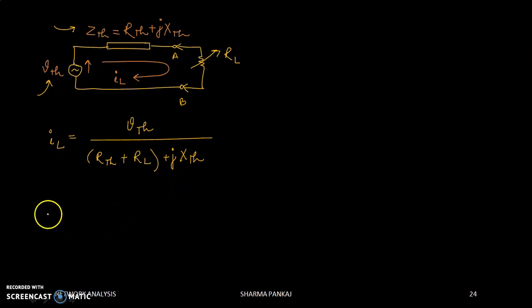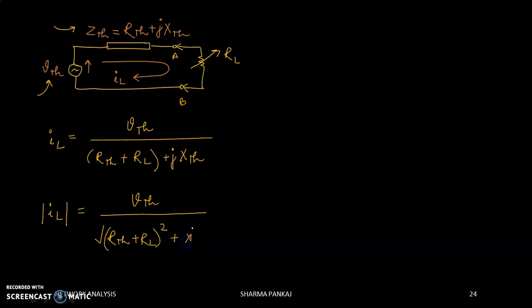That implies the absolute value of IL can be written as VTH upon root under (RTH plus RL) whole square plus XTH square.